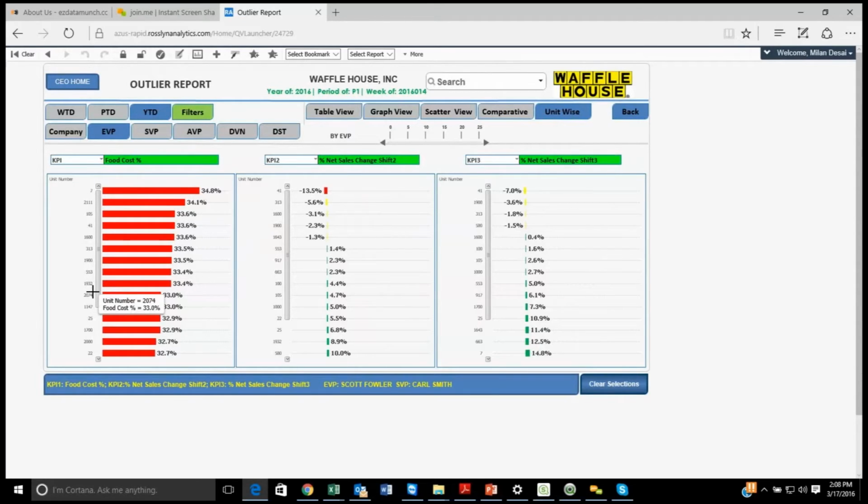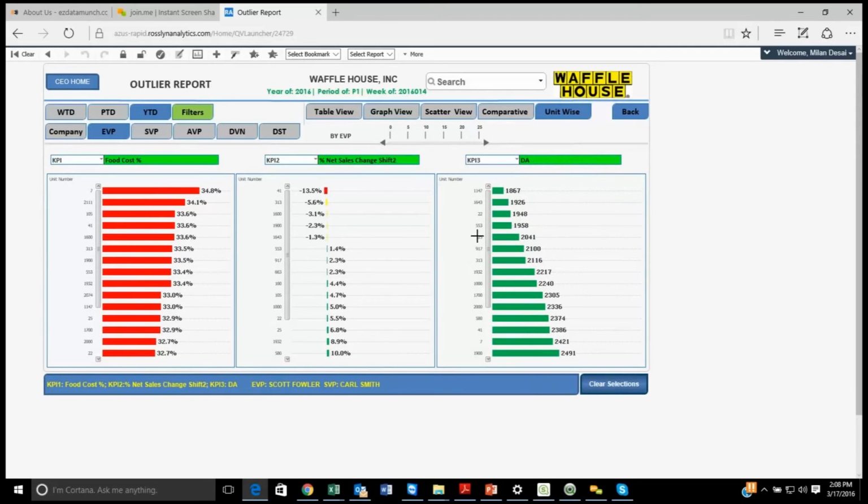Since you are going at a store level, you may want to look at not just one specific KPI, but at 3 different KPIs to see which store is performing badly. So I'm looking at food cost, net sales, and DA, for example. Now this will show me which store is not really doing well. If you look at 1147, the DA is one of the lowest. And then we are looking at 1147 here somewhere.